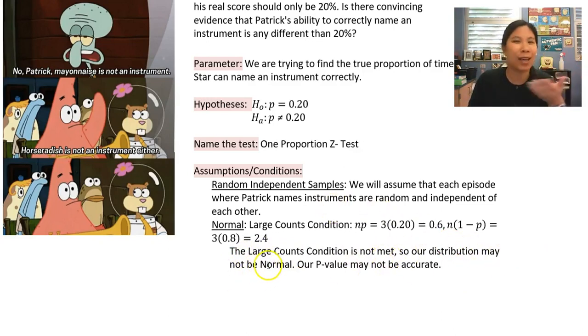So we've acknowledged that we might not have a normal distribution here. When we calculate our p-value, this may not be accurate. So really, we are just letting people know this might not work. Whatever decision we make from this is probably not going to be accurate, but we're going to proceed anyways because we got to do this problem. But just know the end results might not be worth anything.